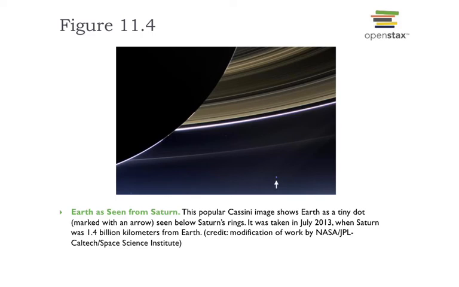This is Cassini, and when it passed Saturn, it turned around and took a selfie. There at the bottom, in the arrow, is Earth, about 1.4 billion kilometers away. Extremely remarkable.